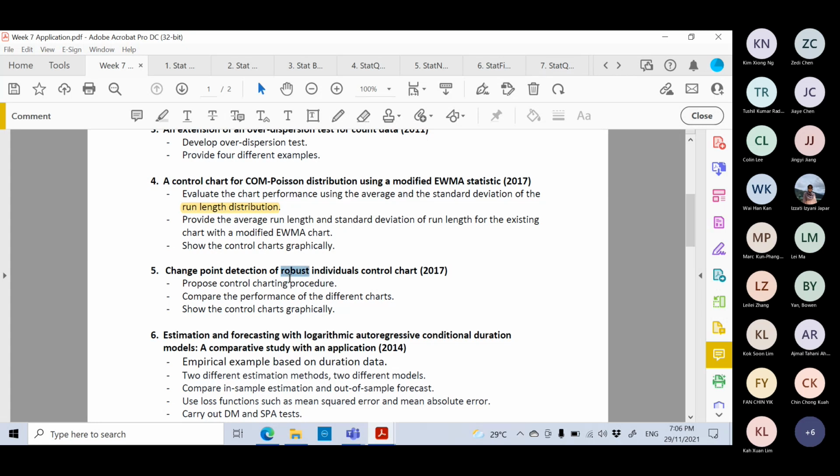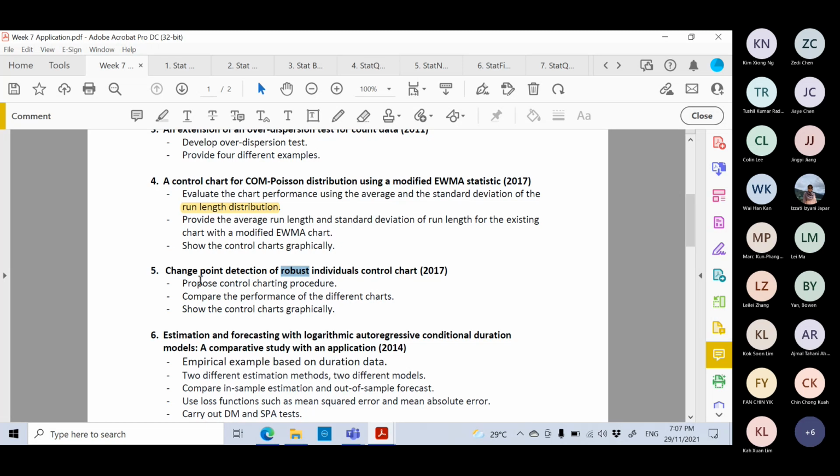So we have proposed a control charting procedure where we want to do change point detection of robust individual control charts. Okay, so of course we compare the performance of the existing chart with the proposed techniques. Then our proposed technique works better than the existing technique.